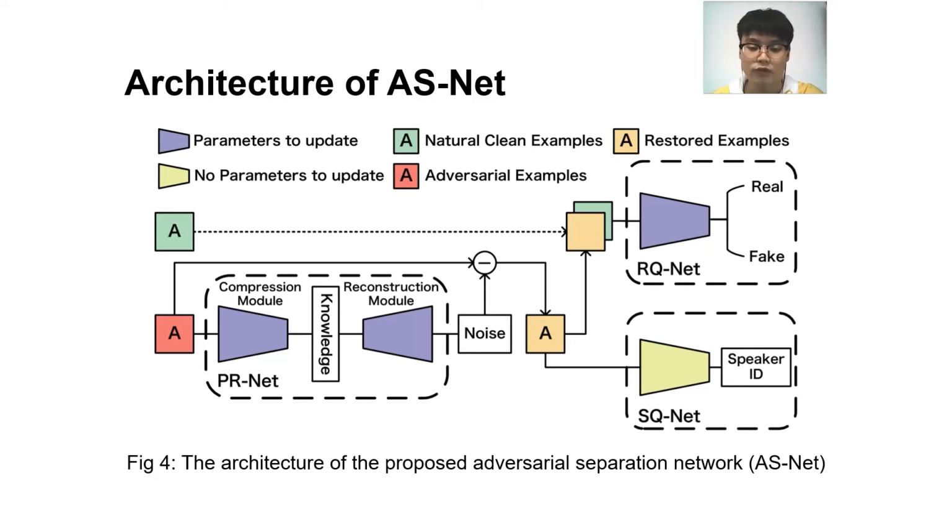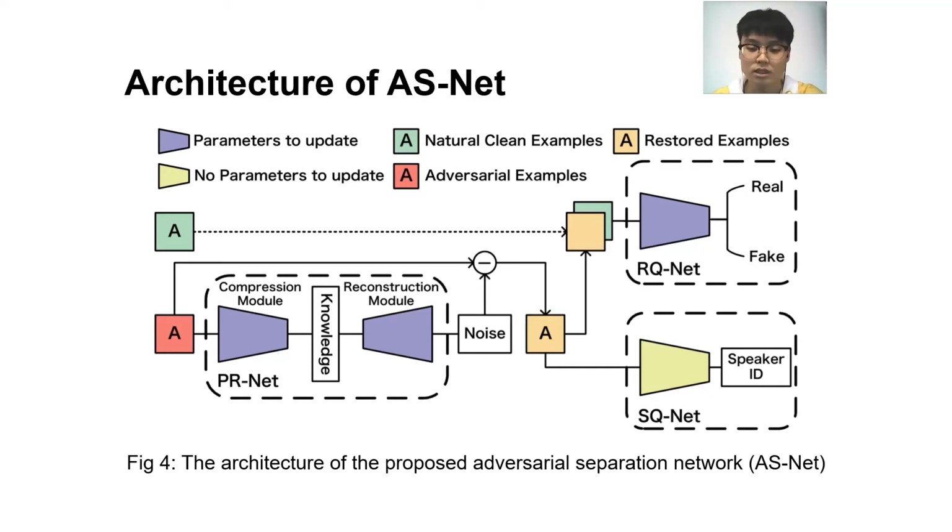As shown in Figure 4, the proposed ASNet consists of three parts, namely a perturbation reconstruction network (PRNet), a reality quality network (RQNet), and a speaker quality network (SQNet).